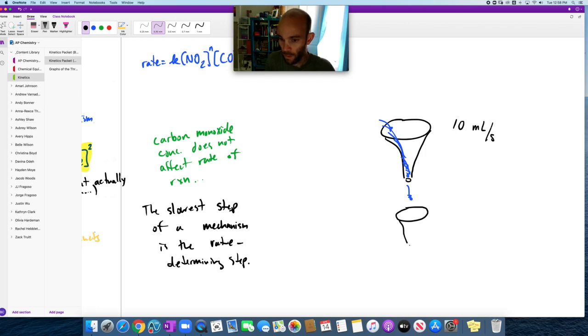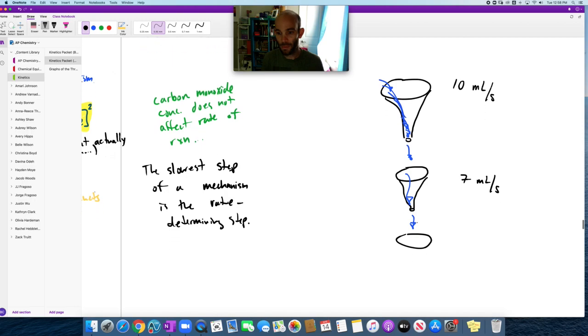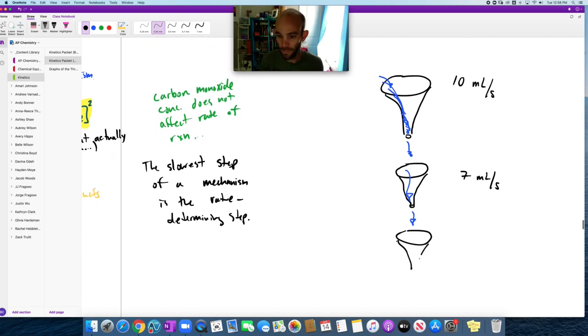There's a really ugly looking funnel. Let's say that funnel has a capacity of 7 milliliters per second. And then the water's draining through here. And then we've got a third funnel. And this funnel is able to accommodate 8 milliliters per second.